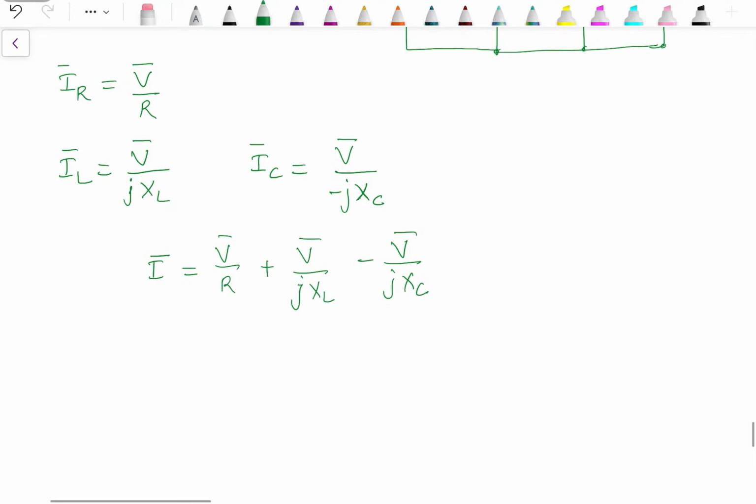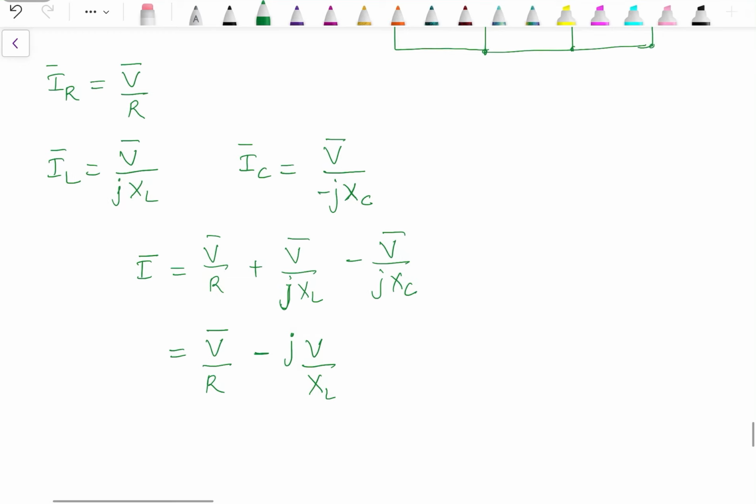Now if you want to take this j in the numerator, then we can write this as minus j V upon XL. Now how does this minus j come over here? Because j square is minus 1. So we multiplied this equation by minus j square, minus 1 and j square is 1.